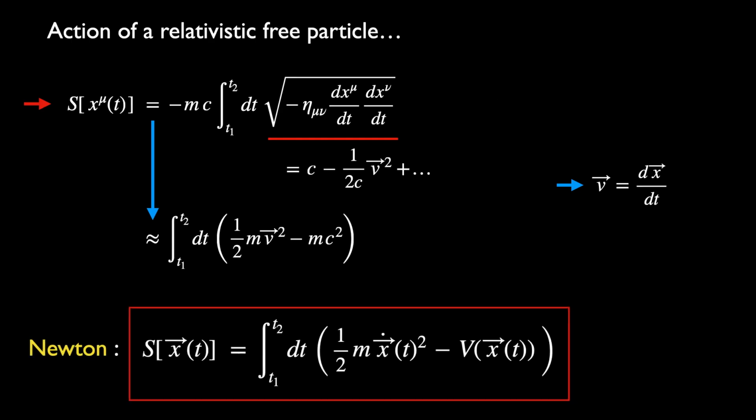Compare this with the Newtonian case. This just reduces to the action of a non-relativistic particle traveling in a constant potential, which is its rest energy. Thus our action for the relativistic free particle has the correct non-relativistic limit.